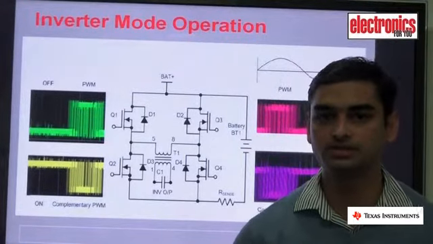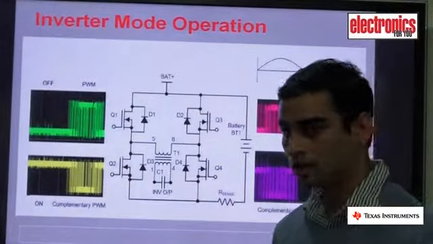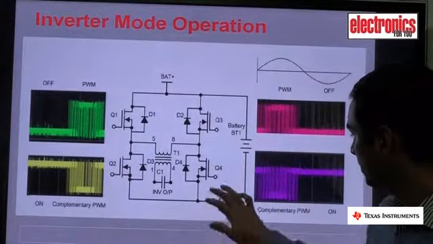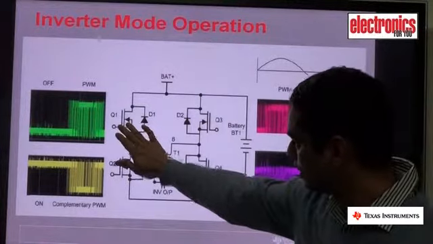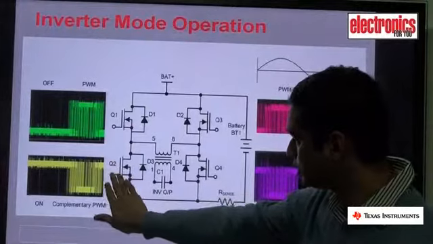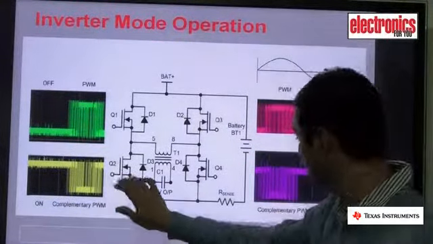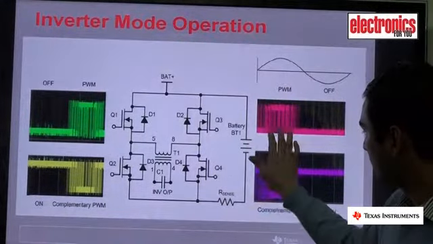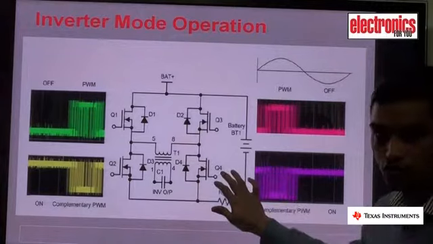This diagram illustrates more clearly how your bridge is actually driven. As I said earlier, during the positive half cycle, here you can see your Q1 gate signal is low, so your Q1 is off, and your Q2 gate signal is high, so your Q2 is always on, and then you apply PWM to Q3 and the complement of that signal to Q4.